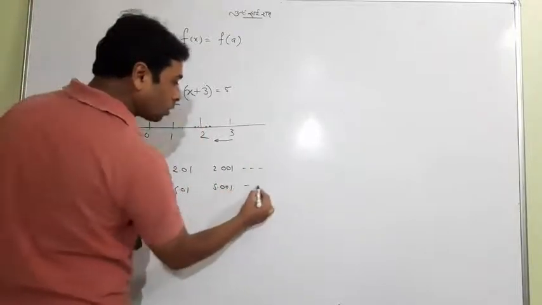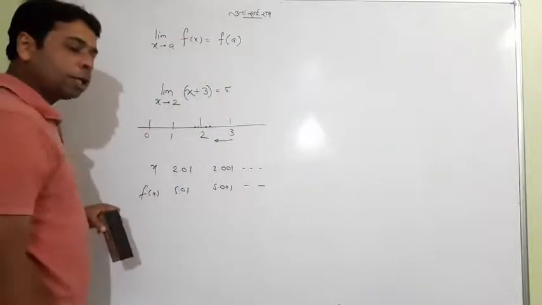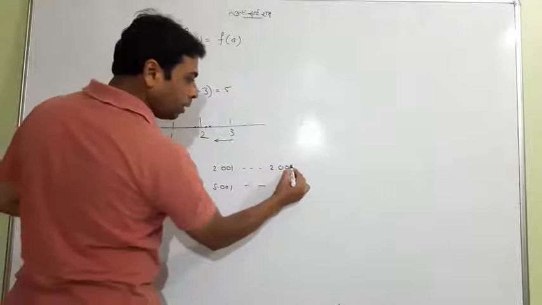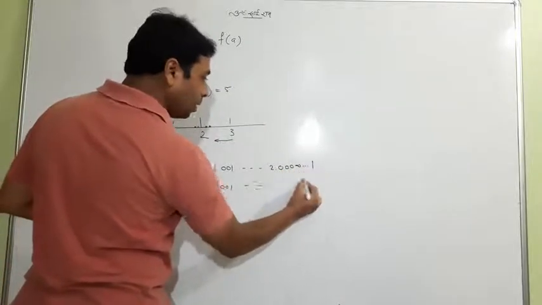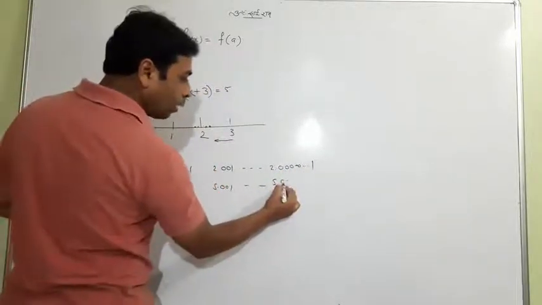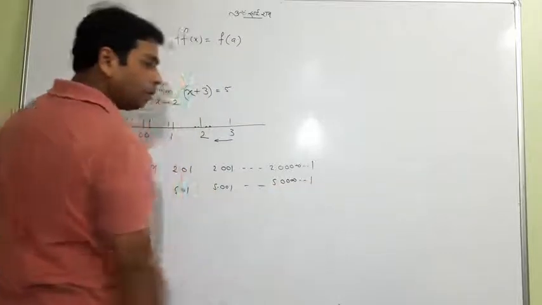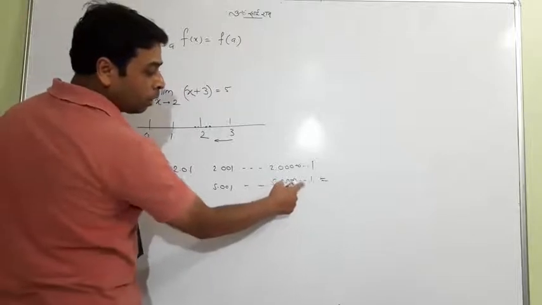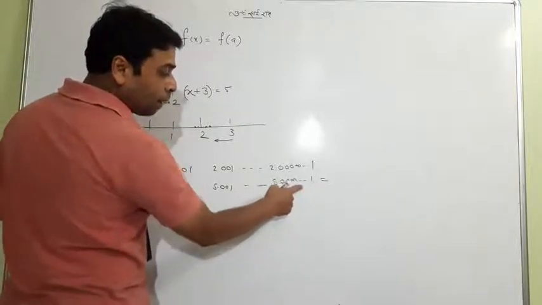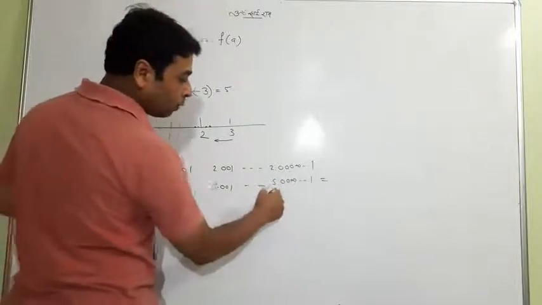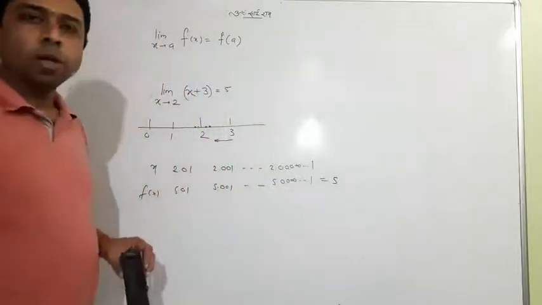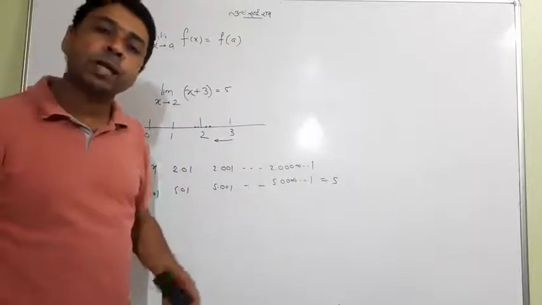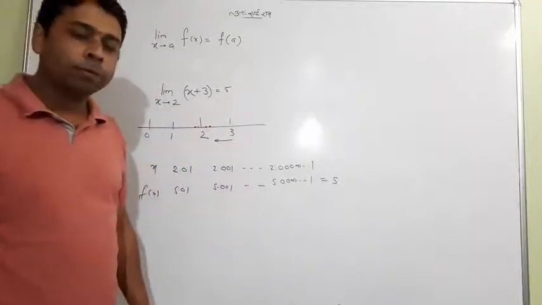If the procedure continues to infinite times, I'll get 5.000 with infinite zeros and then 1. So in both cases, it is not exactly 5, but it is very close to 5. So we consider that the value of the limit is 5.